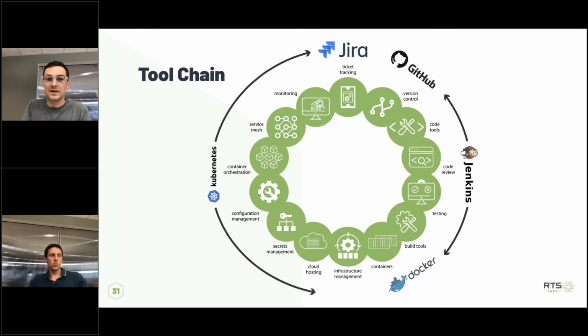So starting clockwise, kind of at the ticket tracking, we go through these pieces, addressing each before the next. So for example, if someone doesn't have Git or version control, then they probably don't need to be on Kubernetes just yet.